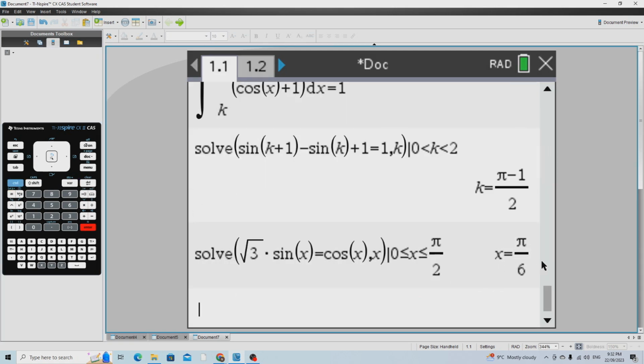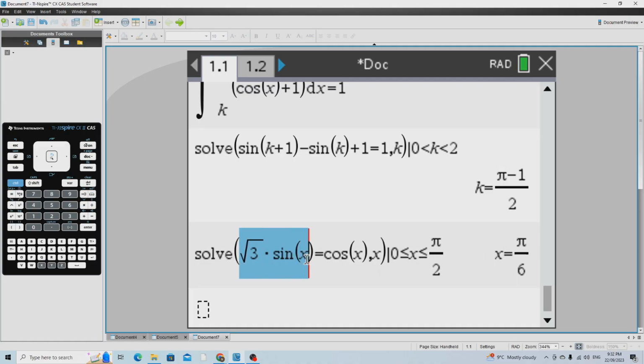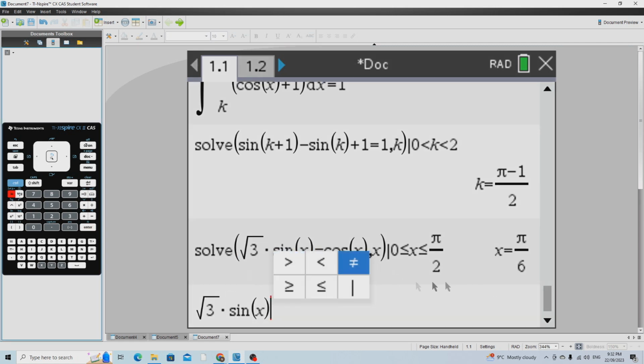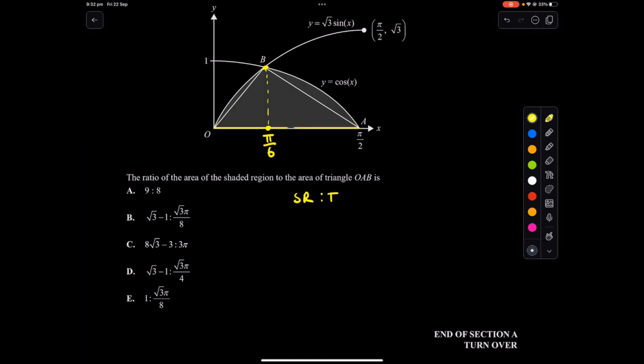And that gives us pi over 6. So this point over here is at pi over 6, and we can ask what the height of it is. If we take one of these equations and put this inside of it, we get root 3 over 2. So the height over here is root 3 over 2.